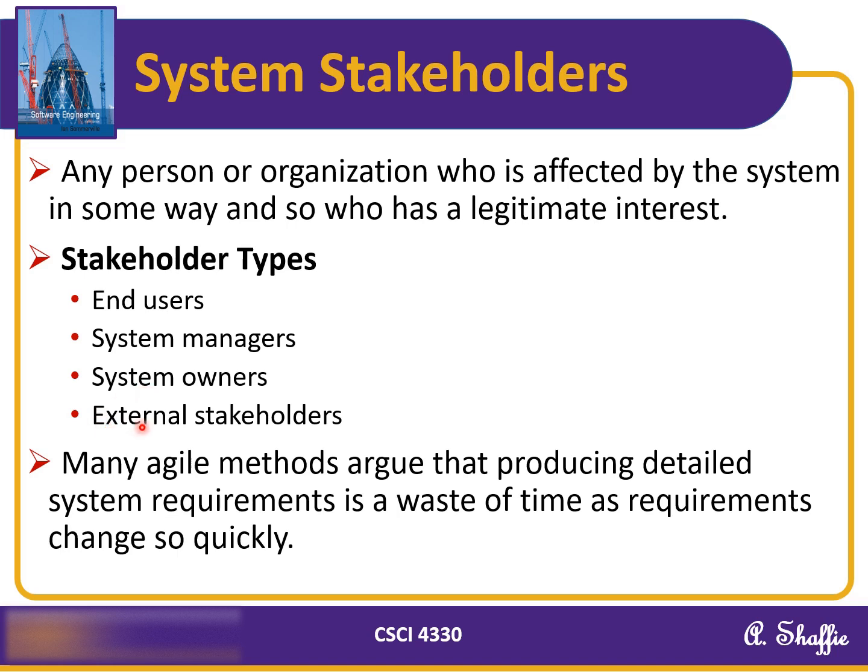And finally, external stakeholders. Those are outside the system operation but still affected by it. Think about a governmental organization or a group checking if a new banking software follows the rules, or a healthcare system, whether following the HIPAA rules or not.